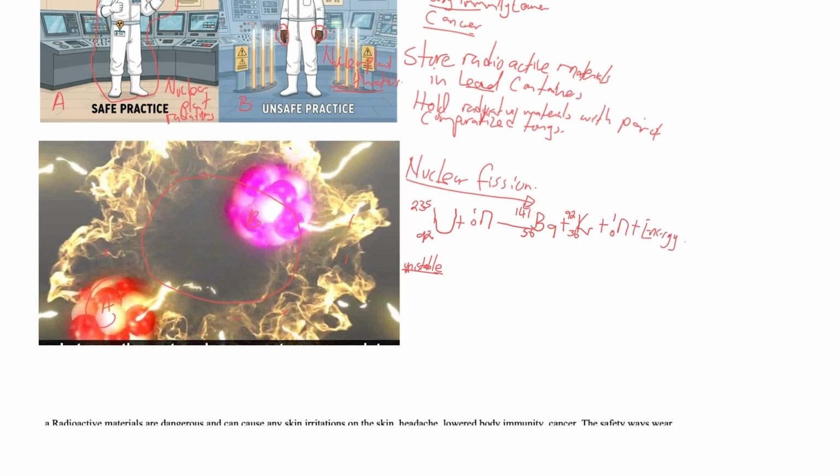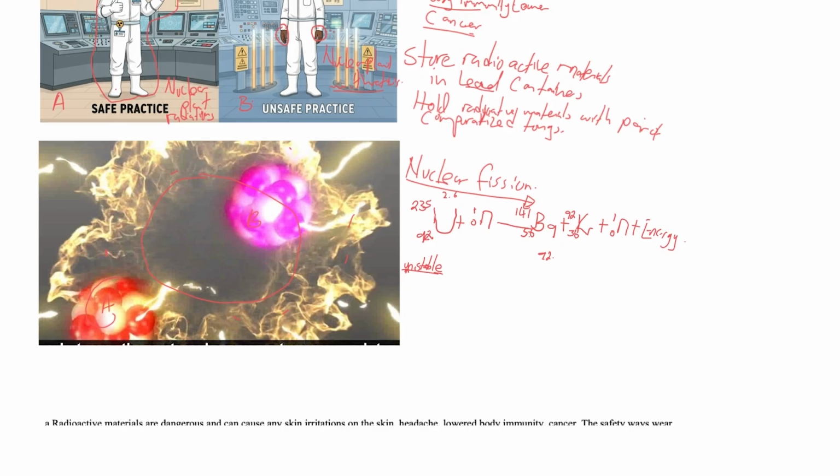Now when we try to balance this equation, we have 92 as the atomic number. Then on this side we have 56 plus 36, which is 92 also on this side. 92 is equal to 92. So the atomic numbers are equal. Then we have mass number 235 plus 1, that is 236.